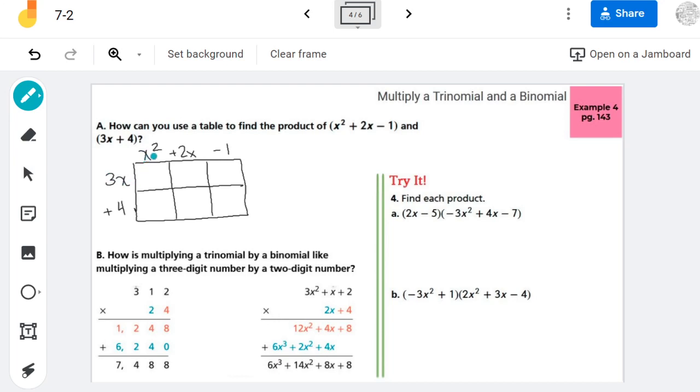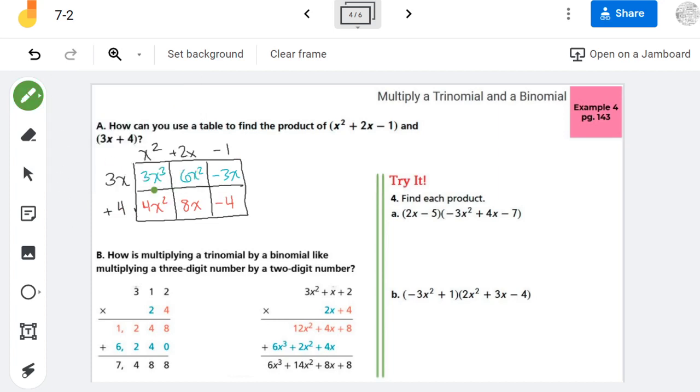So 3x times x squared is 3x cubed. 3x times 2x is 6x squared. And 3x times negative 1 is negative 3x. Then I do it with the 4. So 4 times x squared is 4x squared. 4 times 2x is 8x, and 4 times negative 1 is negative 4.